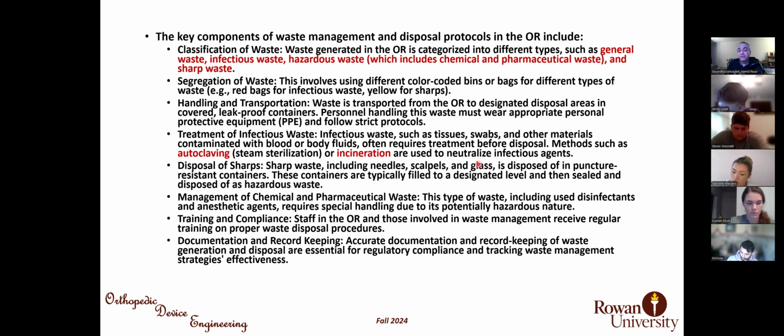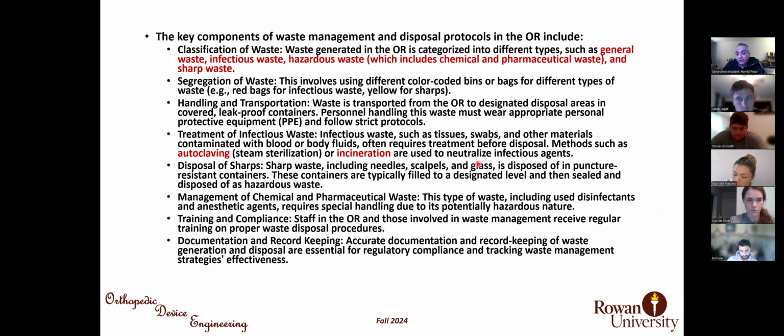For sharp objects, we have a rule. We have some boxes for sharp objects in the operating room, and everything that is sharp is disposed of in those boxes. When the box is full enough, it is packed and sent somewhere to be crushed or melted, because we don't want to handle those sharp objects.